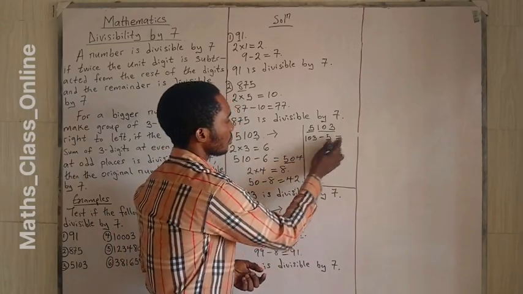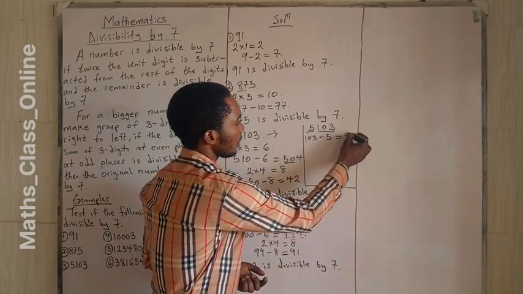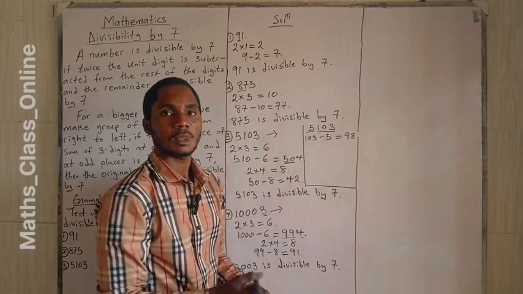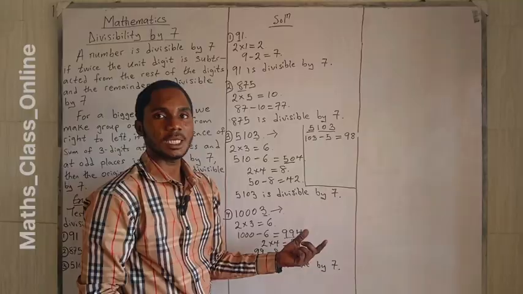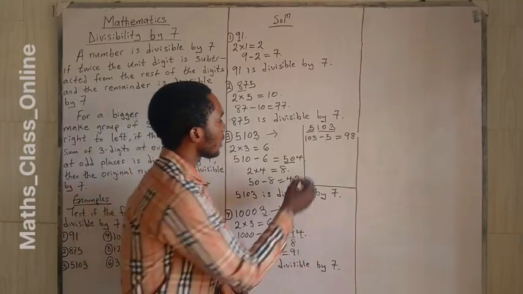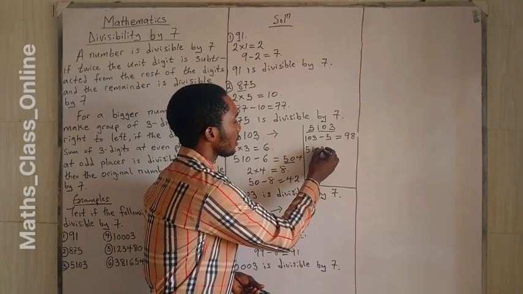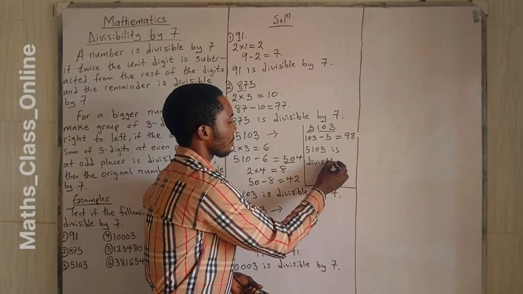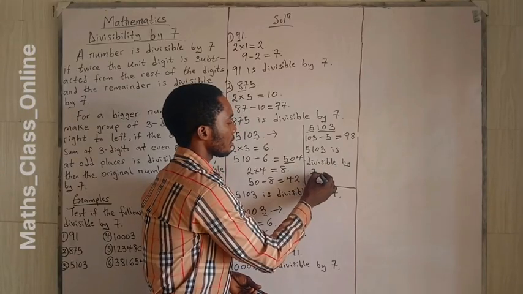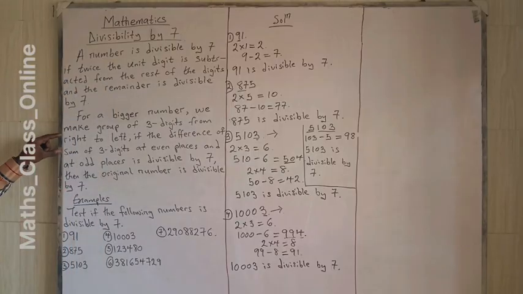This is equal to 98. Is 98 divisible by 7? Yes, 98 is divisible by 7. That means that 5103 is divisible by 7 using this second rule.